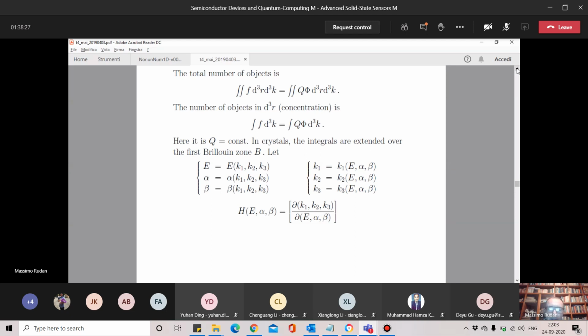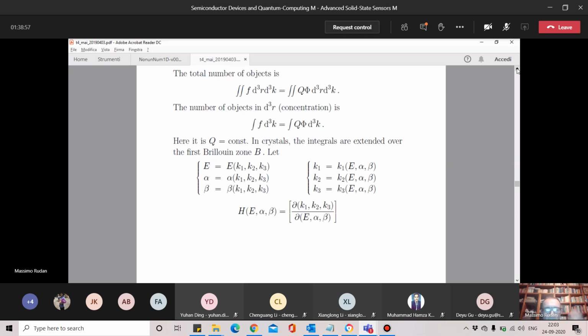However, the density of states is a more general concept because it applies also in situations in which the relation between energy and momentum is more general. It's not necessarily parabolic, okay? So we are now introducing this more general definition, and we assume that we know the relation E of K.